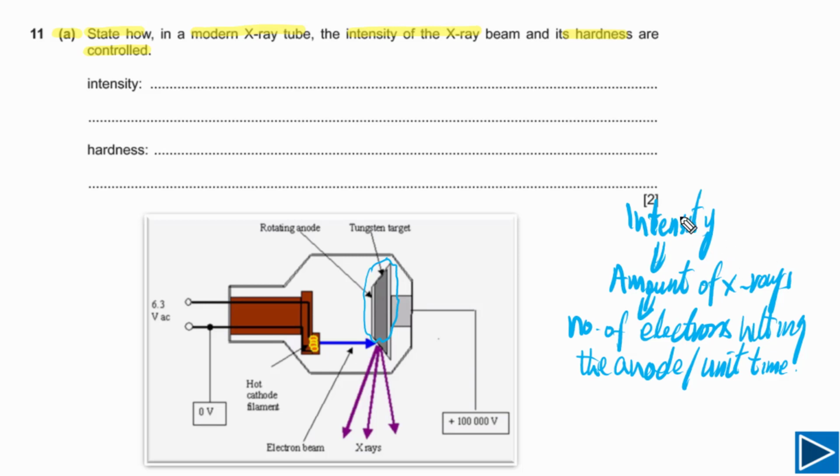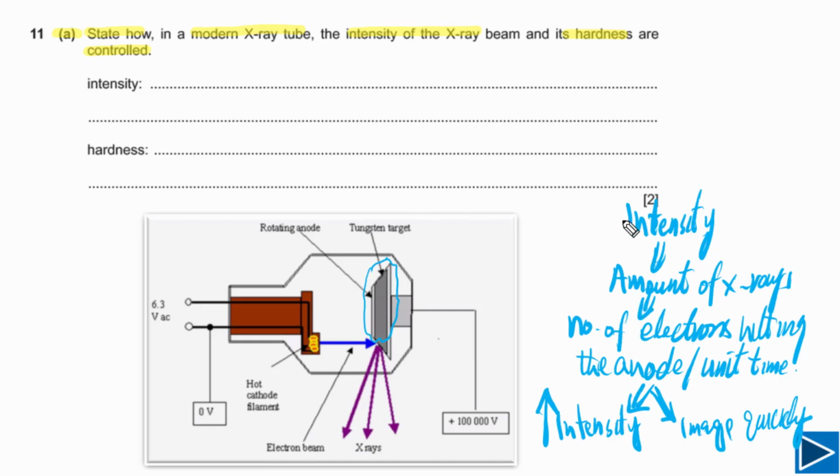So this is what is meant by intensity. What is the benefit of intensity? If the intensity of the X-ray beam is higher, it helps to produce an image quickly. We can form an image of the object quickly. That is the benefit of higher intensity.